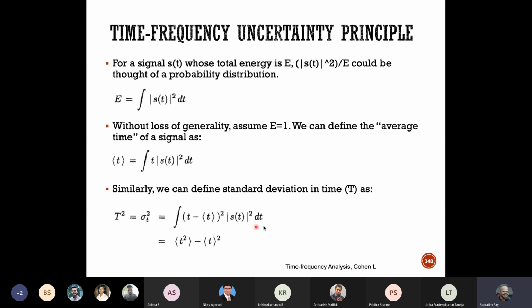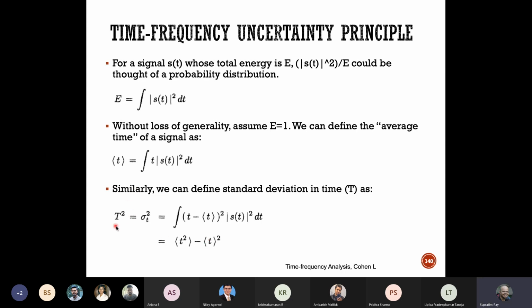This is exactly the way you compute the mean and variance of any random variable, right? Think of this |s(t)|^2 as f_X(t), the probability density function.